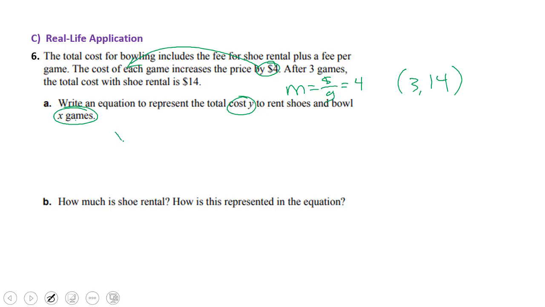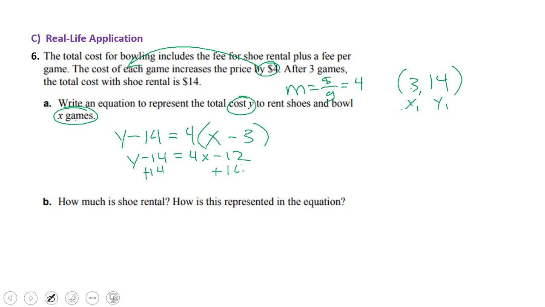So y minus y1, which is 14, is equal to our slope, $4 a game, times x minus x1, which is 3 games. When we do the math, y minus 14 is equal to 4x minus 12. We add 14 to both sides, and we get y equals 4x plus 2.